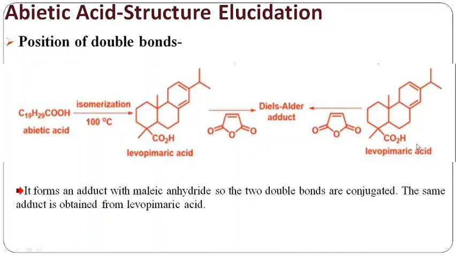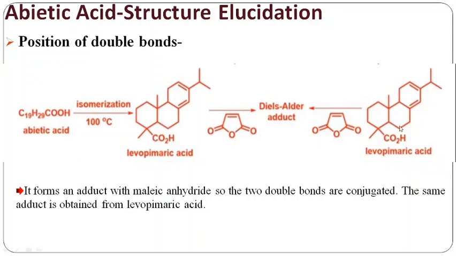As you can see, when abietic acid was subjected to a Diels-Alder reaction, it formed a Diels-Alder adduct. The same Diels-Alder adduct was obtained from levopimaric acid, the structure of which was already known to scientists.